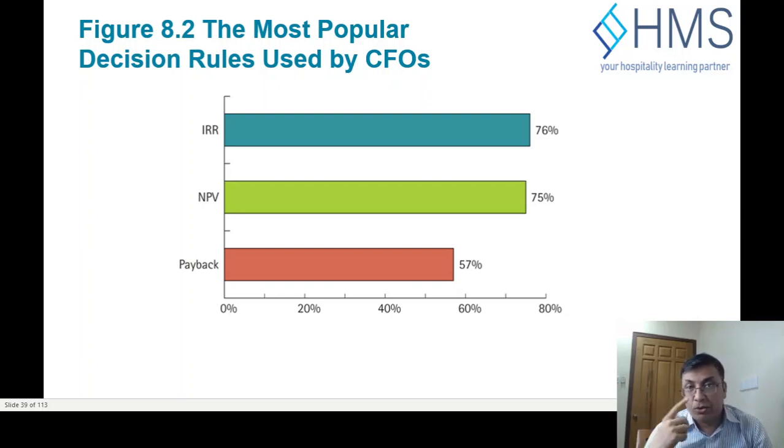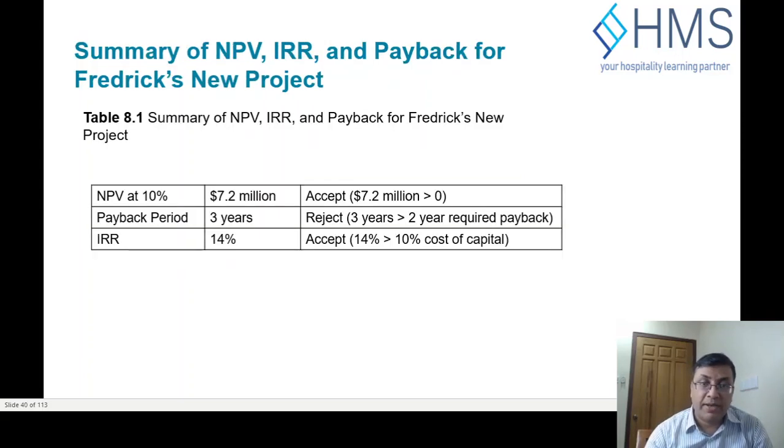Payback is the last, so you normally do not use the payback period as a decision rule. If we go back to our Frederick's new project and calculate the fertilizer project with the three different options, the NPV at 10% was 7.2 million, payback as we calculated was 3 years, and IRR is 14%.